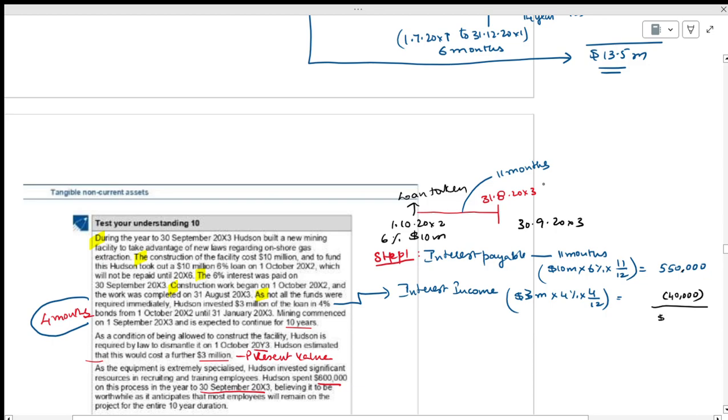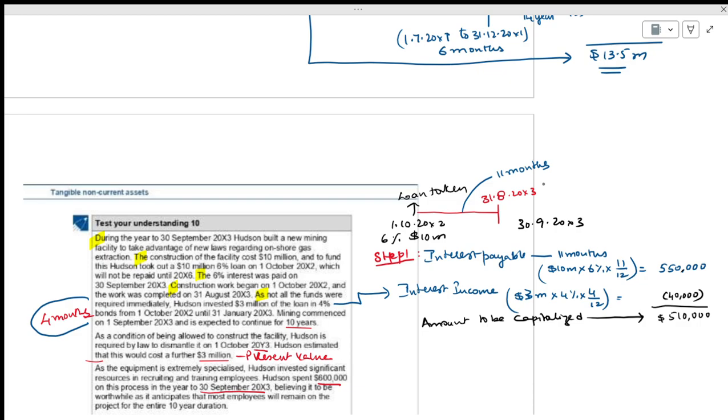You have 510. Is it right? This is the amount to be capitalized.